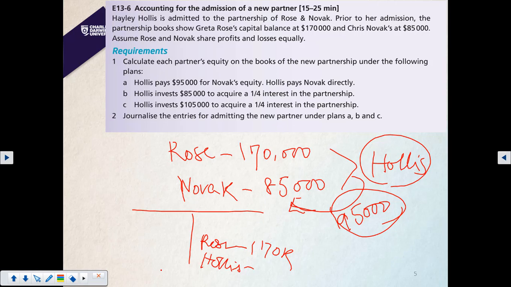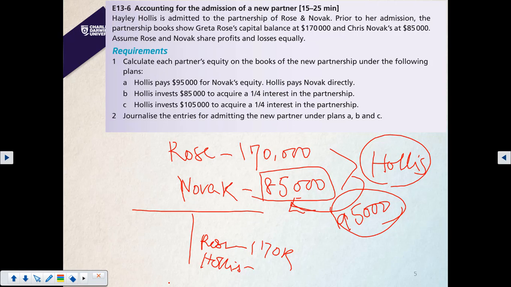So whoever is coming, his share is going to be $85,000. Is that clear? So in the balance sheet, I will be writing Holly will get $85,000. The $10,000 extra is going to Novak only, and Novak is going out from the business. So it's a personal transaction between them. Is that clear? So that's why I will not be recording $95,000.